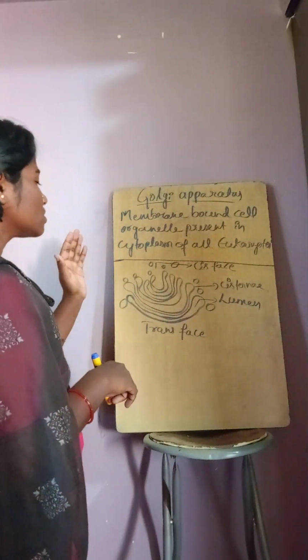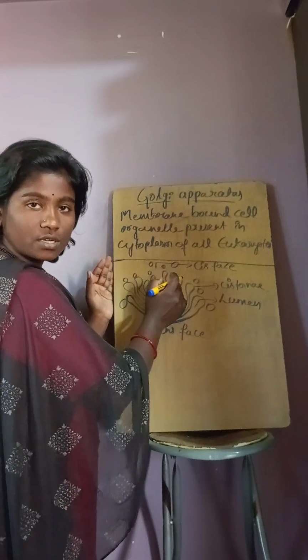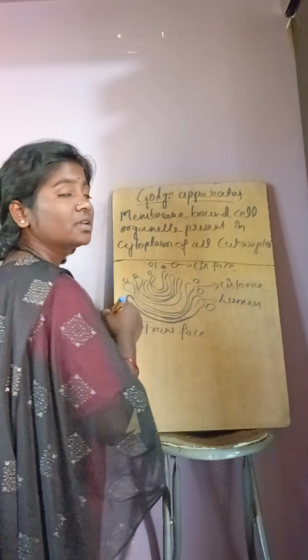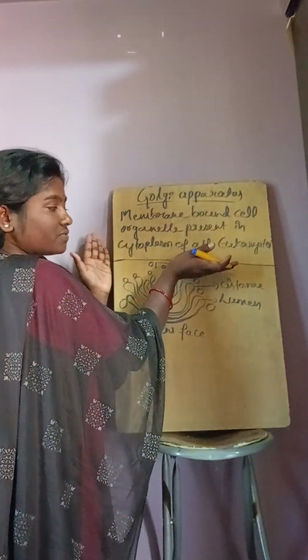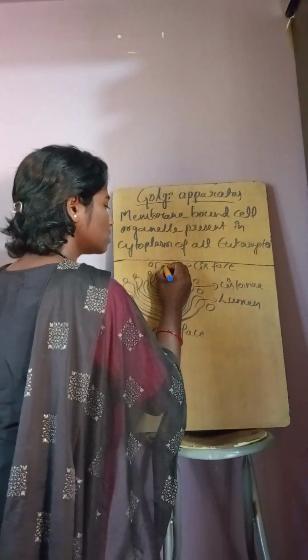Here we can also observe the vesicles, right? The presence of vesicles or lysosomes. These are the incoming vesicles; towards the cis face we can observe the incoming vesicles.